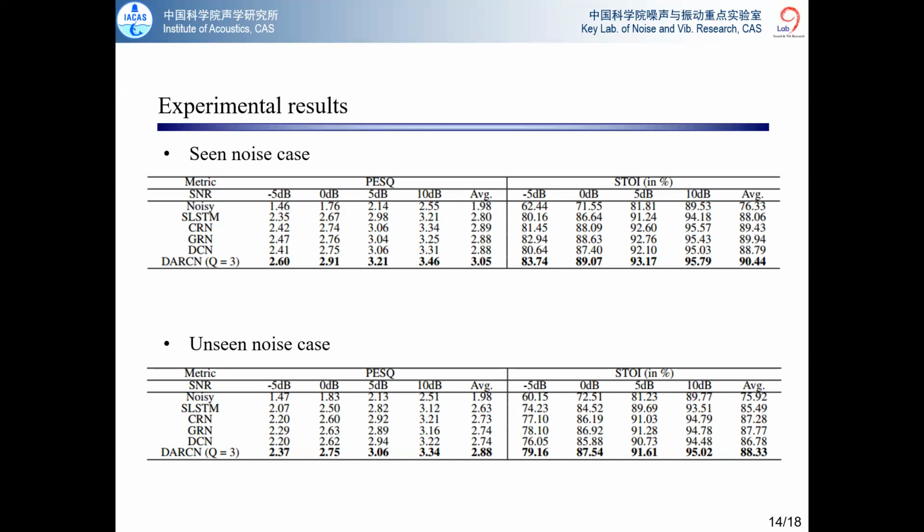For example, the proposed method achieves average 0.15 and 1.03% improvements in terms of PESQ and STOI. In addition, we also noticed that CRN, GRN, and DCN all achieve better performance than LSTM. This is maybe because LSTM may neglect the structured characteristic of the spectrogram, and therefore limited performance is obtained.